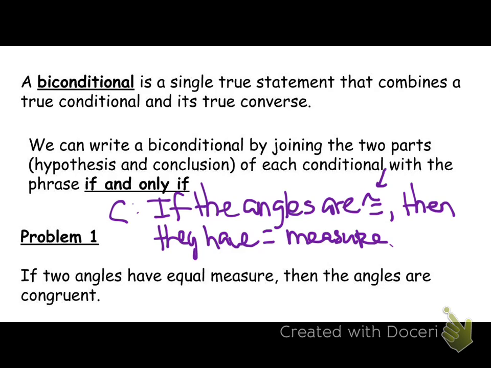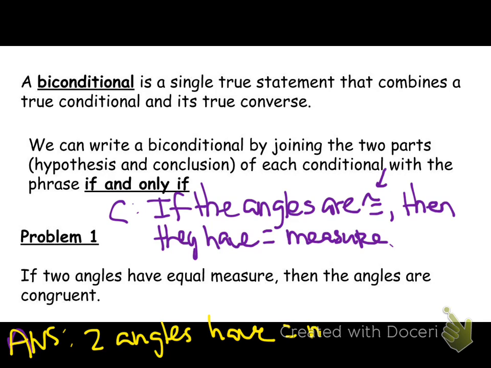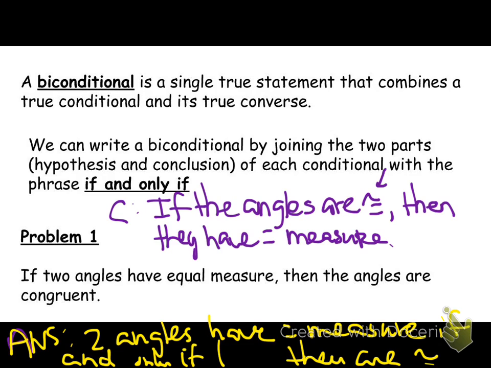So our answer would become this. Two angles have equal measure if and only if they are congruent.